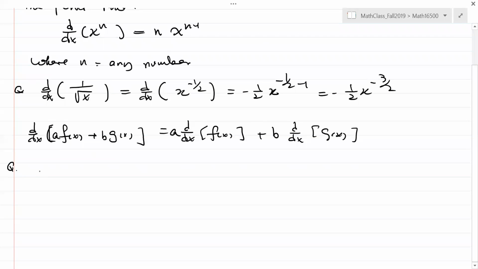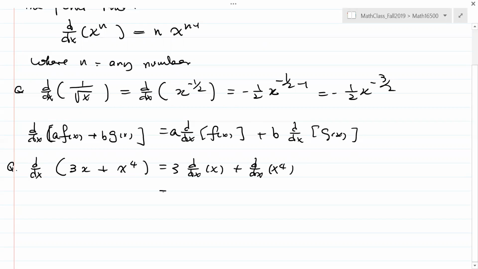For example, using this, I can differentiate 3x plus x to the 4th power. This is a linear combination of two power functions. It's a polynomial. How do you do that? You take 3 out, differentiate x, and then you differentiate x to the 4th power.